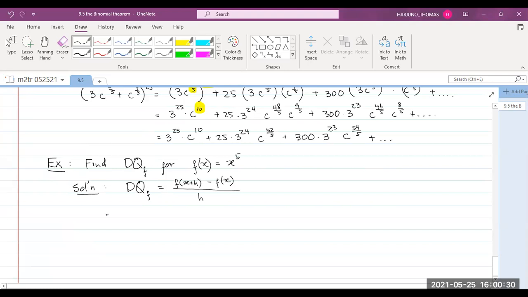Okay, so the first thing you need to find is what is f of x plus h. That is (x plus h) to the 5th, right?